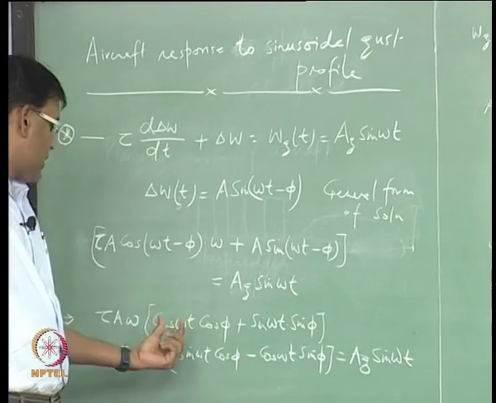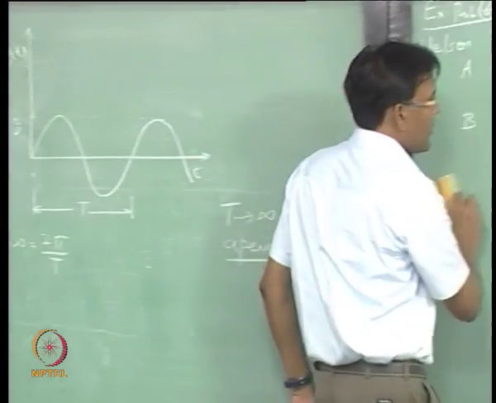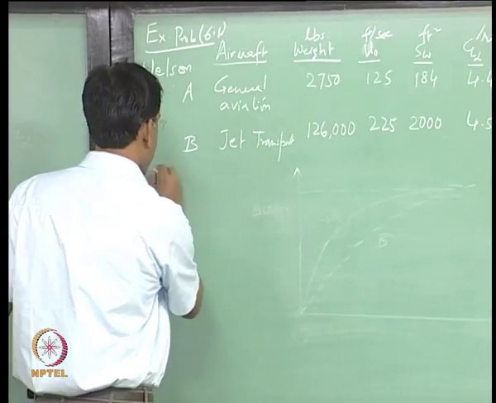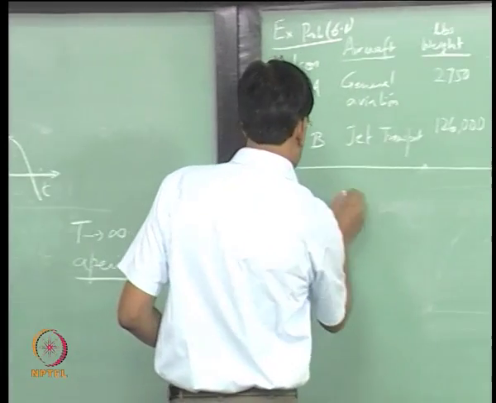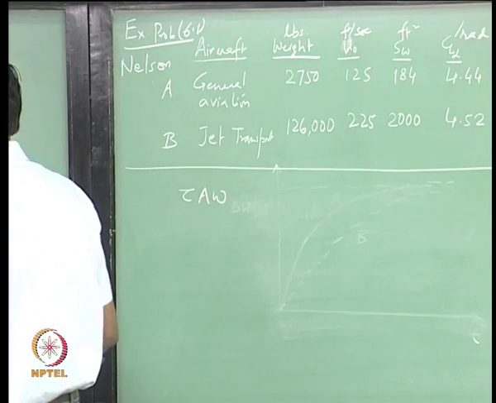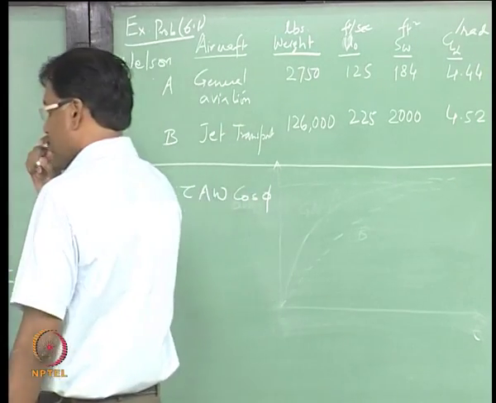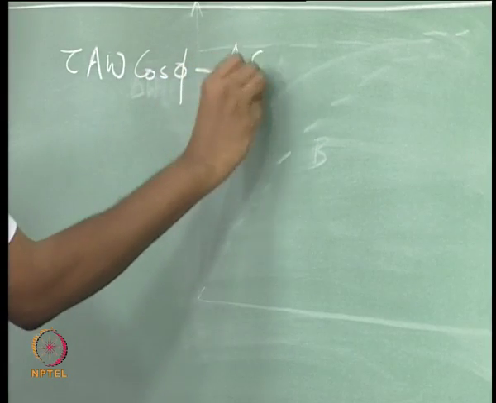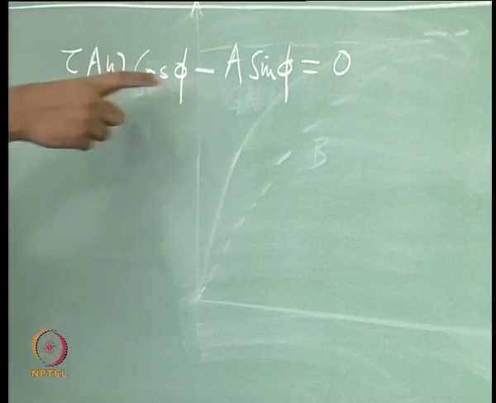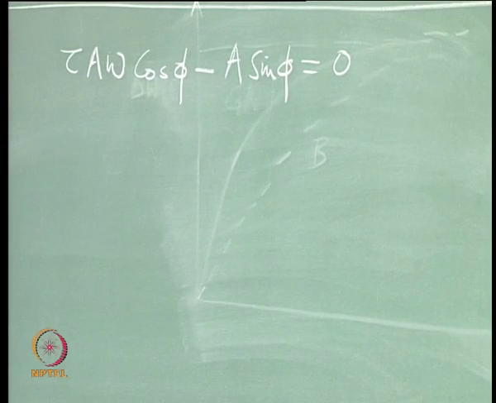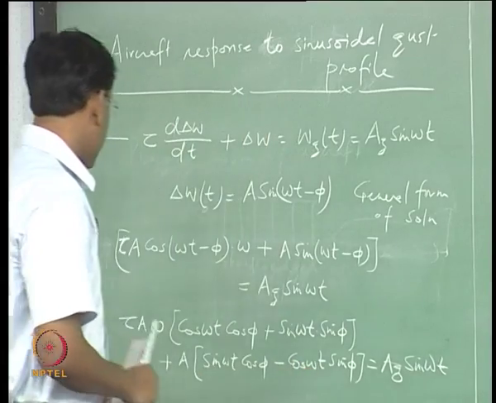Now collect terms common to cos omega t and sin omega t from both sides, and what you have is tau a omega cos phi minus a sin phi, that comes from these two terms, and there is no term appearing on the right hand side having the factor cos omega t.